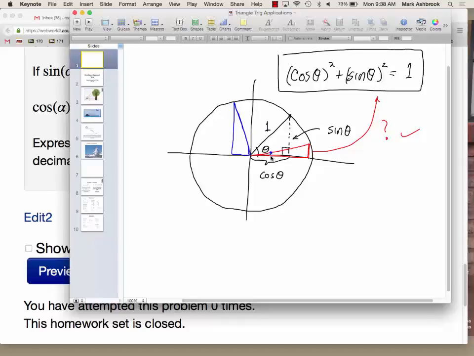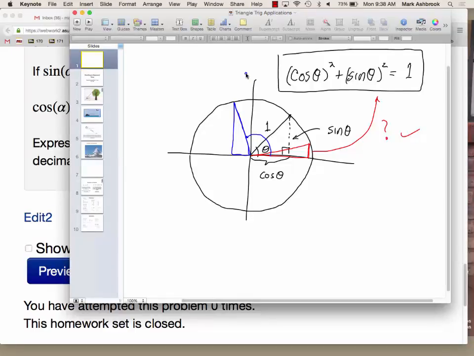So what about for this angle here? Does cosine theta squared plus sine theta squared equal 1? Yeah. So this is an identity, right?